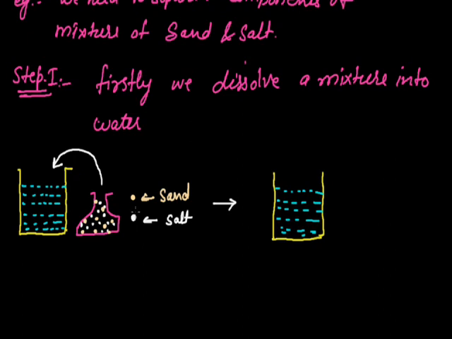When we add the mixture, we observe that the particles of sand, which are insoluble in water, will settle down and collect at the bottom of the container. But the particles of salt are soluble in water, so they will be dissolved in water.